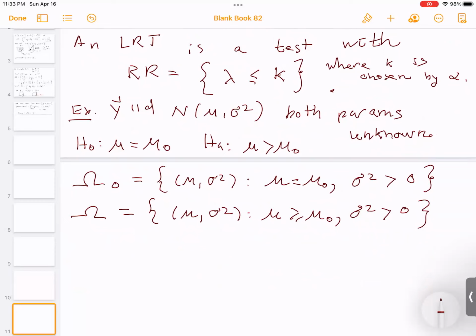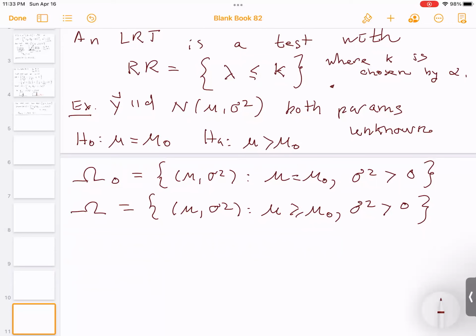Lambda: we have to take the sup over omega 0, and then the sup over omega of the likelihood function. Let's do the numerator first, in other words, sup of mu, sigma squared in omega 0 of L(y).